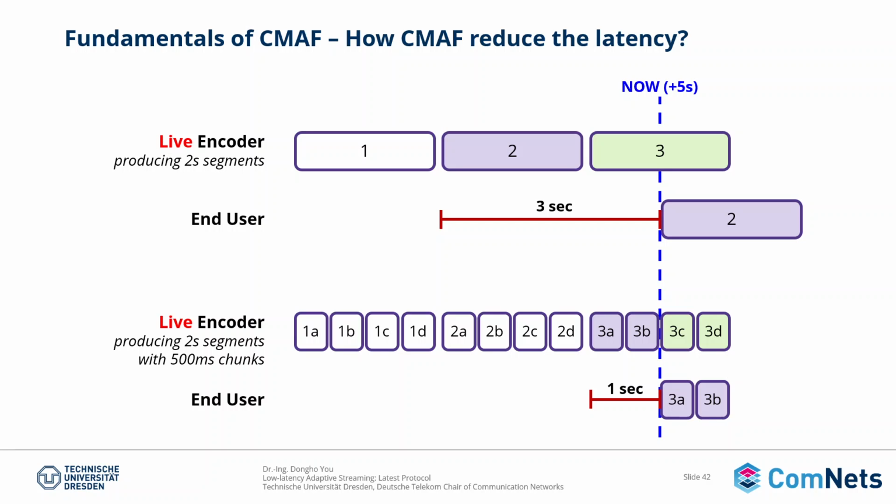For instance, when we consider a segment of 2 seconds, we can divide it into 4 chunks like this with 500 milliseconds each. And as I said, a large segment imposes a longer time delay, a high delay. Therefore, thanks to the CMAF chunk, we can receive the third segment more quickly than the conventional DASH.